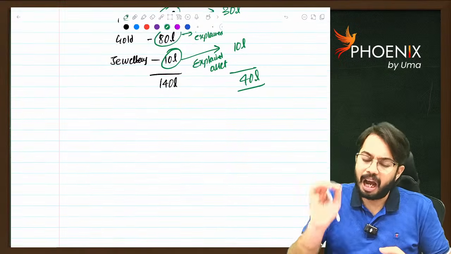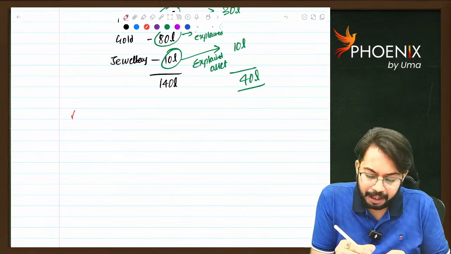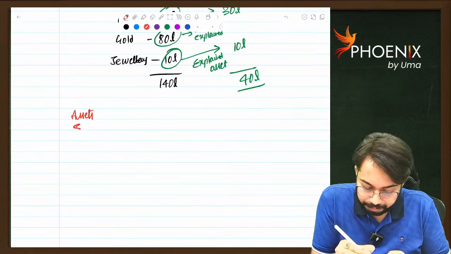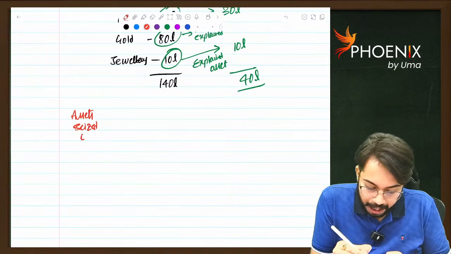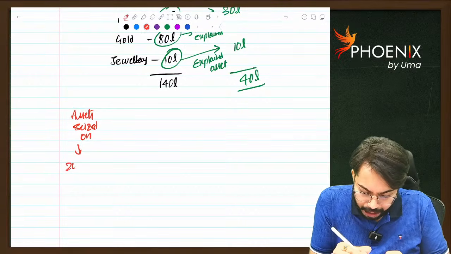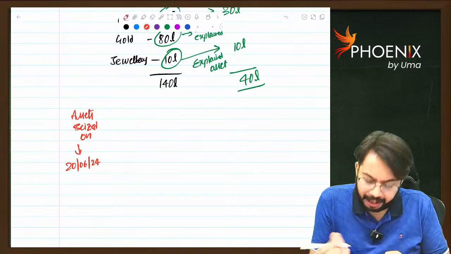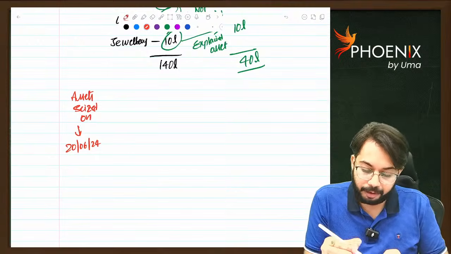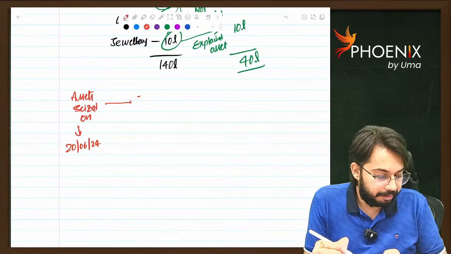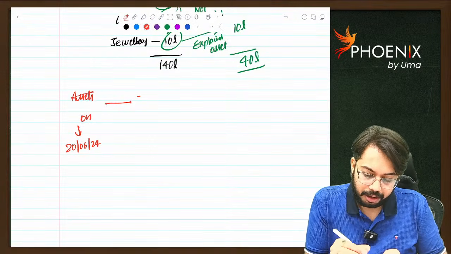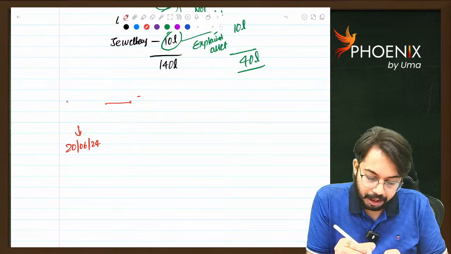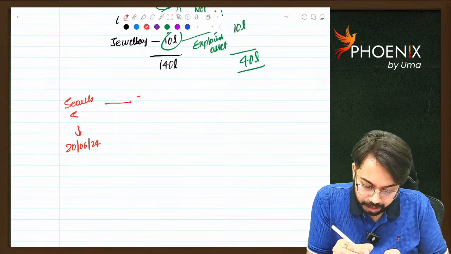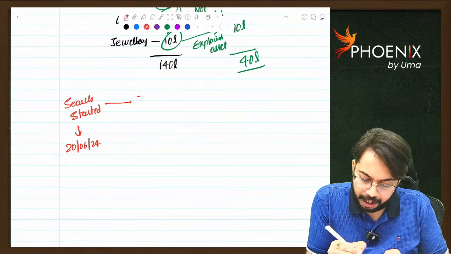For example, I will take one small example. Assets seized on 20 June 2024. Search started on 20 June 2024.